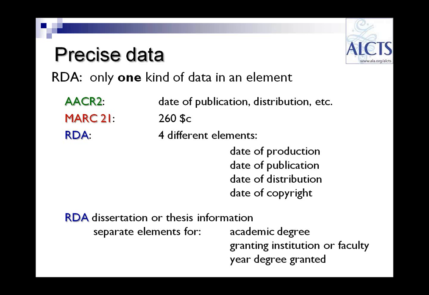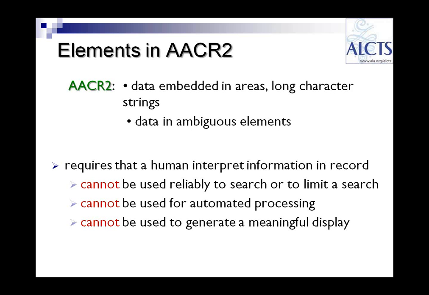And you will recall that the field 502 in the MARC format has recently been updated, and new subfields have been specified so that you can have separate subfields for academic degree, granting institution, or the year the degree was granted. So we see that more precise parsing of information is beginning to come into the MARC 21 format.